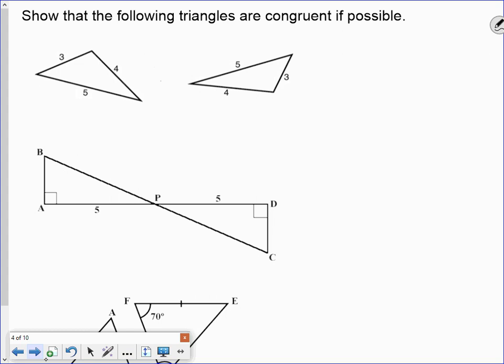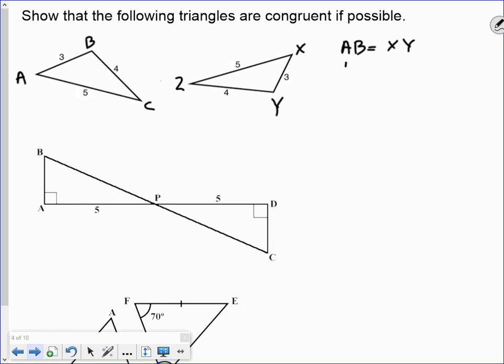So what can we do if we're just given two triangles and we're asked to show if they're congruent? Well, in this top pair of triangles here, we are given the lengths of all three sides in both triangles. We could label this A, B, C, and then X, Y, Z. We can see that side AB is equal to XY.